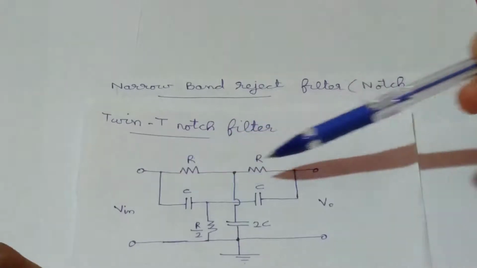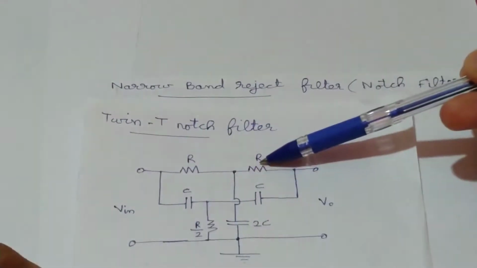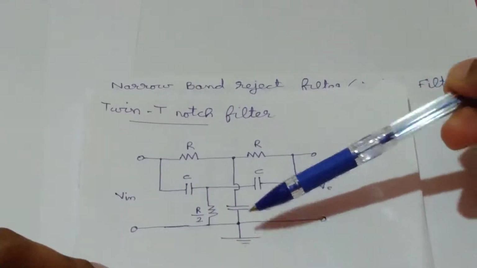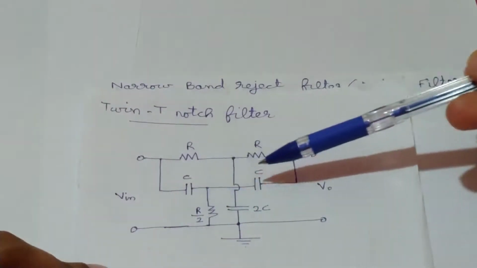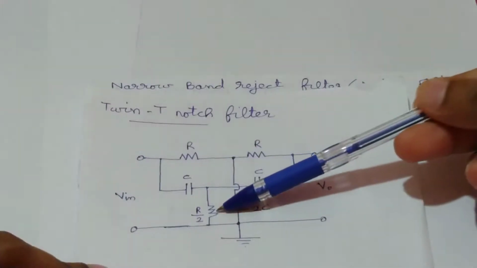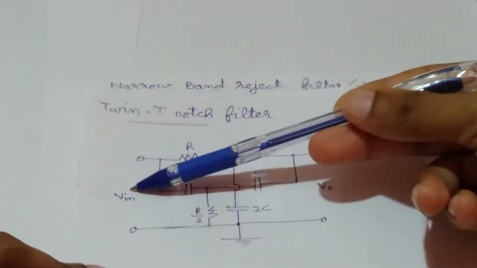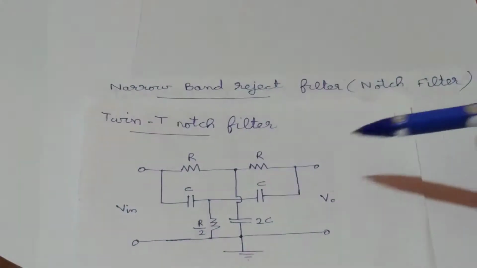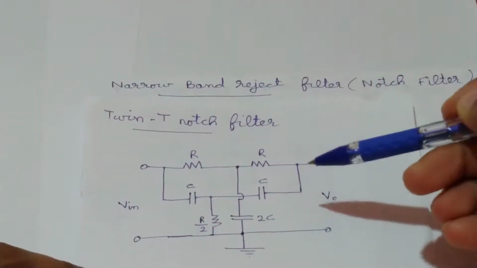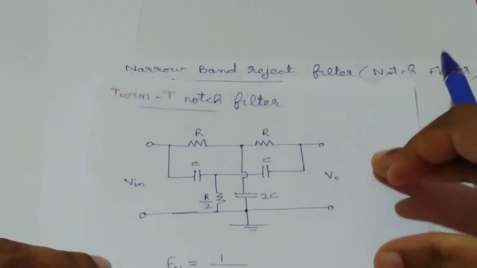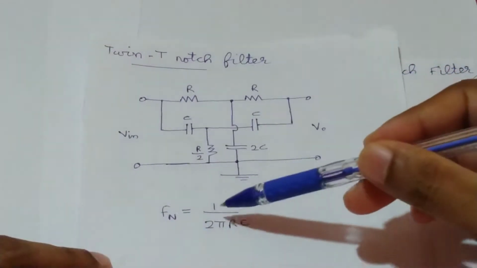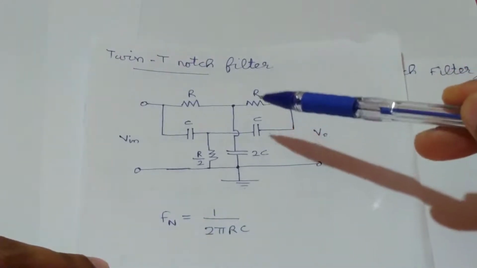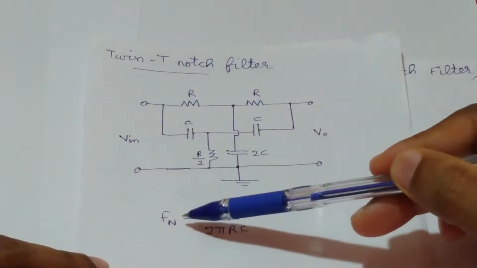One T network is formed by using these two resistors and this capacitor, and the second T network is formed by using these two capacitors and this resistance. Here we apply the input and here we get the output. This network rejects a particular frequency Fn given by 1 divided by 2 pi RC. So by using this twin T network we can reject this Fn frequency.